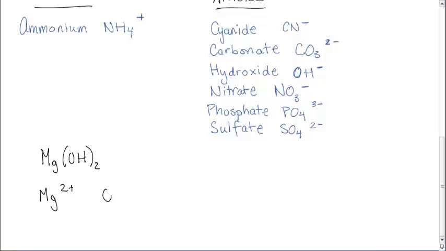And OH, you've memorized, has a single negative charge, so that's why there need to be 2 hydroxide ions to balance with magnesium's 2 positive charge. If I asked you to draw the ions formed in this compound, you would draw magnesium 2 positive, then you would draw OH negative, and you'd realize that those charges don't balance. And what that means is that this compound doesn't exist.